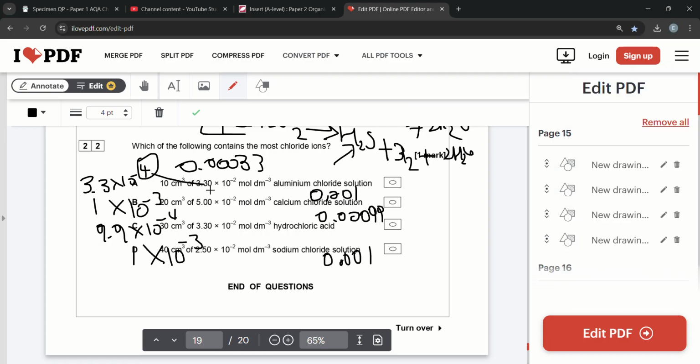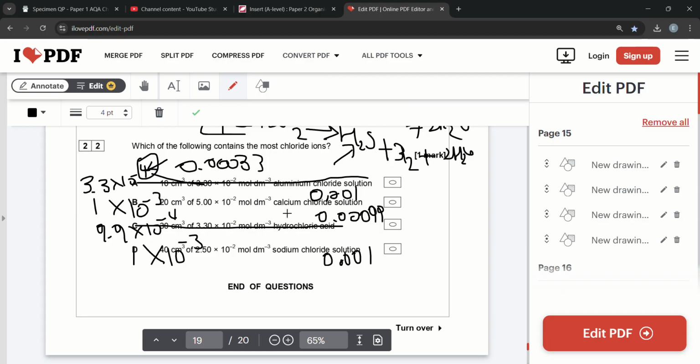So we can clearly see it's between B and D. A and C are completely incorrect, don't be fooled. Well, that's 3.3, that's a bigger number. 9.9, no, but it's times 10 to the power minus 4, a more negative number, so it's immediately going to be smaller. So it's between B and D.